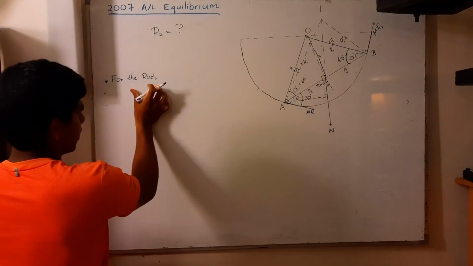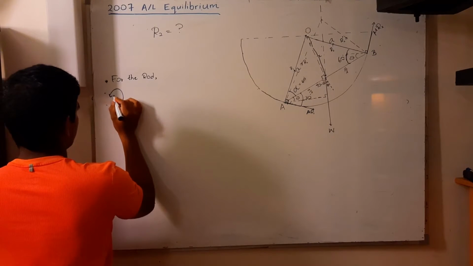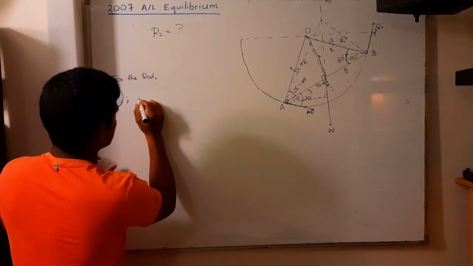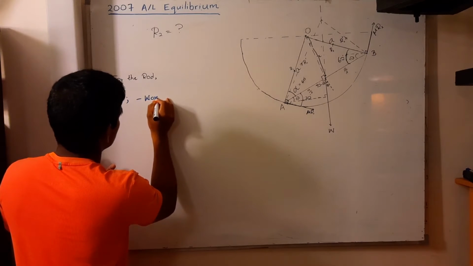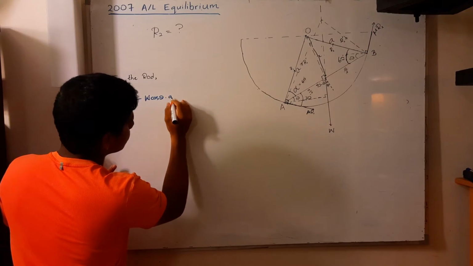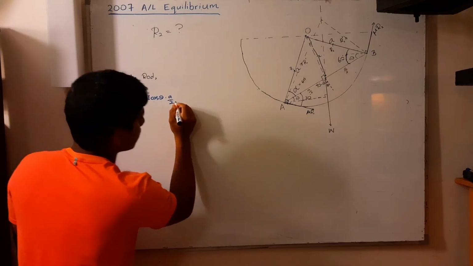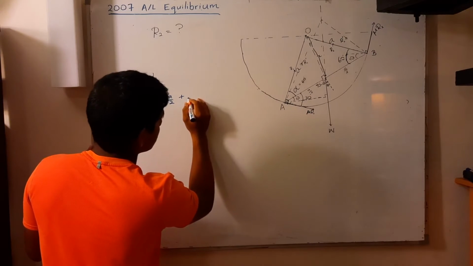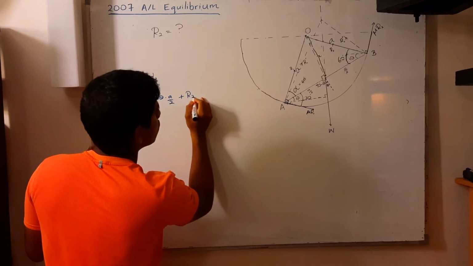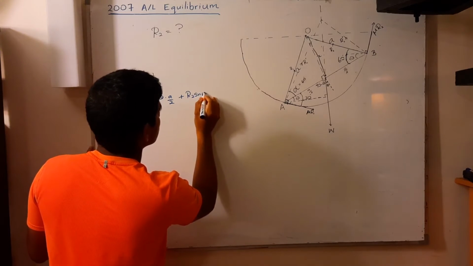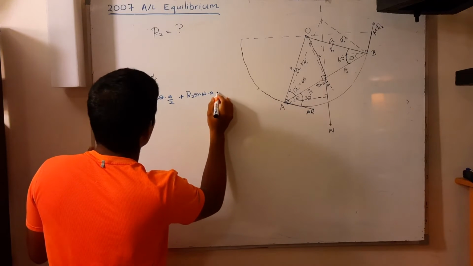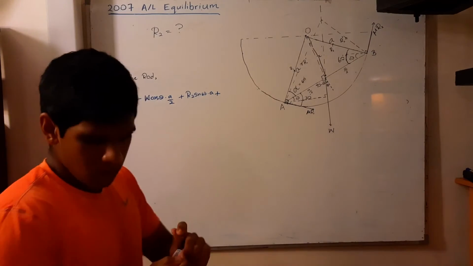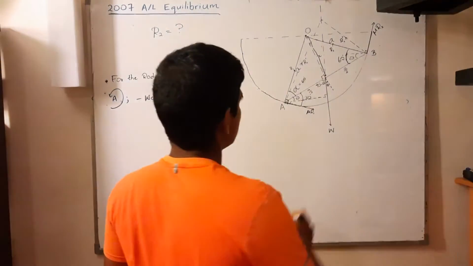So again for the rod, if we take the clockwise moment about A, we can say minus W cos theta into A by 2 plus R2 sine 60 degrees into A plus, okay, as you can see, we found that this angle is 60 degrees.